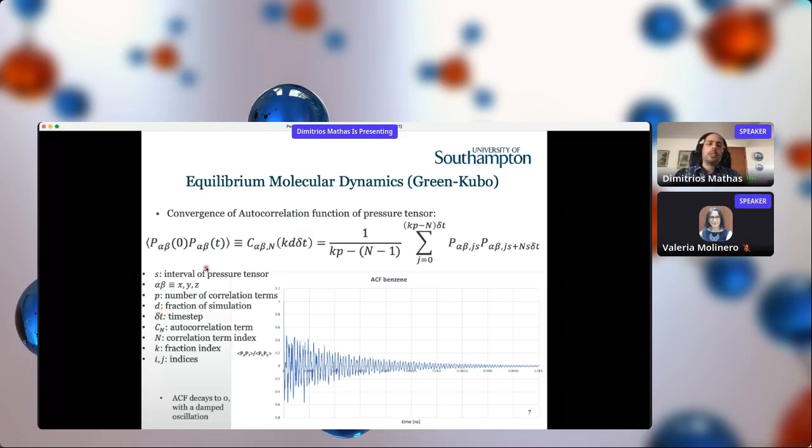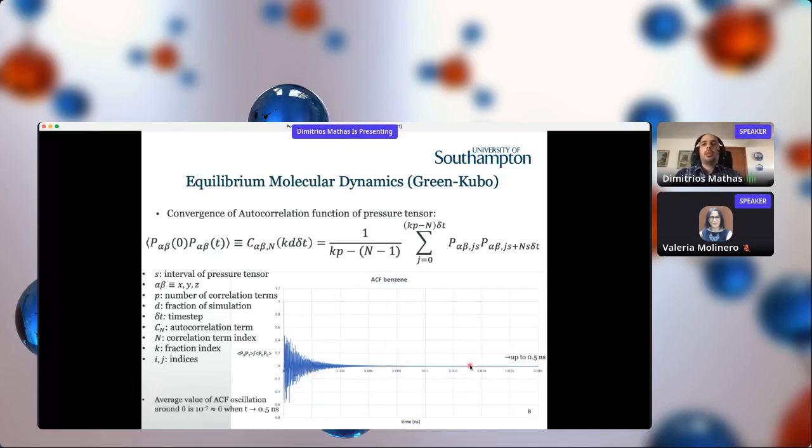D is a fraction of the simulation where we perform autocorrelation, and N is the index of the C values, and we have another couple of indexes for the sum. As you can see in this example here for benzene, we obtain an autocorrelation function which decays to zero with a damped oscillation, and we want to integrate this function, which cannot be easy at higher pressures, for example.